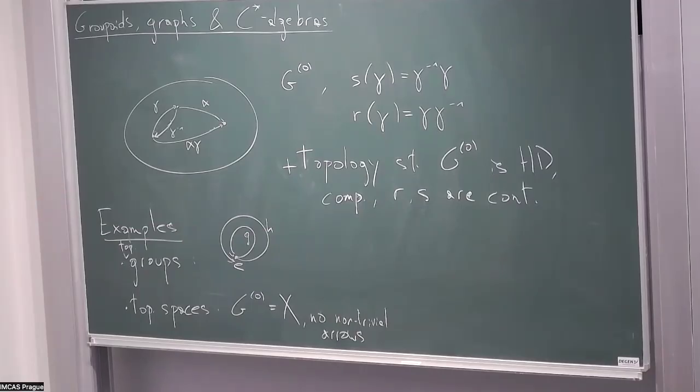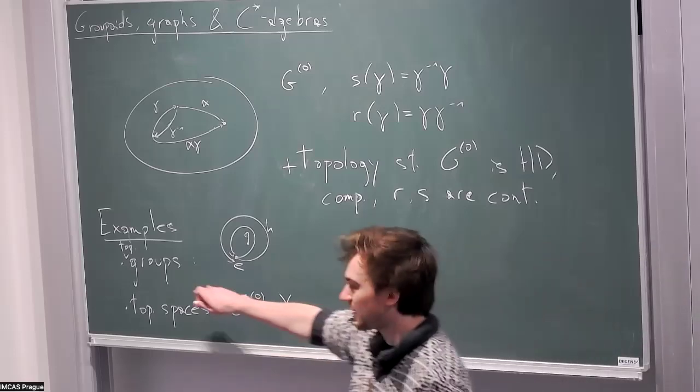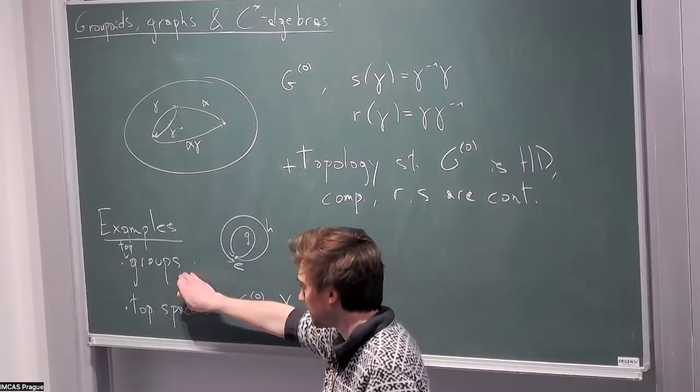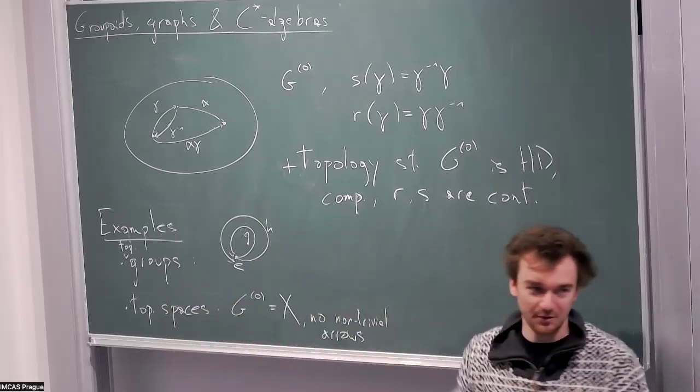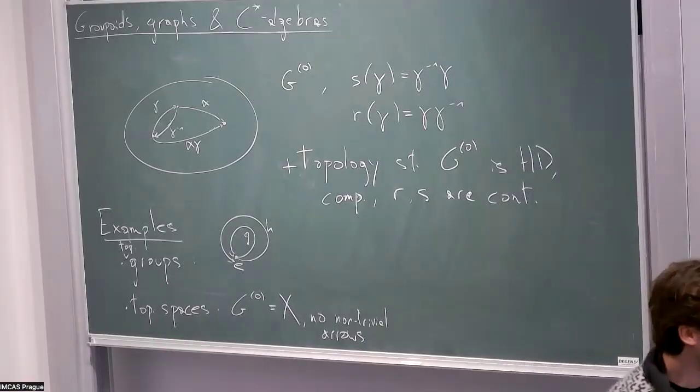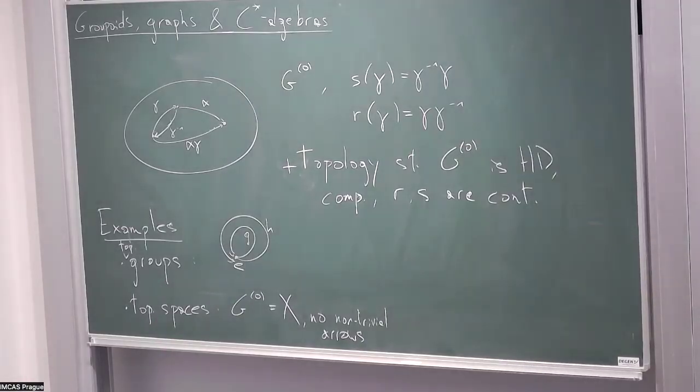And as we will further see, groupoids can also be used to construct C-star algebras, and they will correspond to the original constructions for group C-star algebras and the obvious continuous functions on the topological space in the case that the groupoid is of that form.